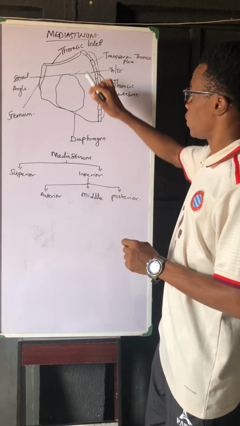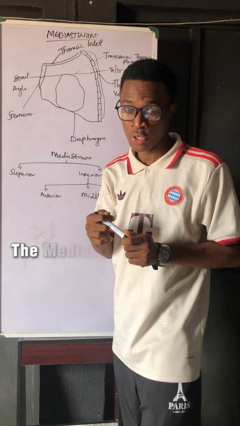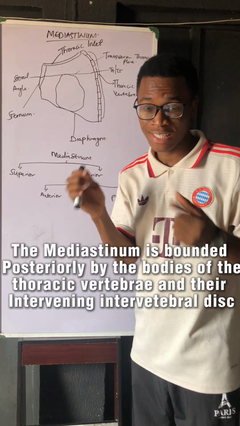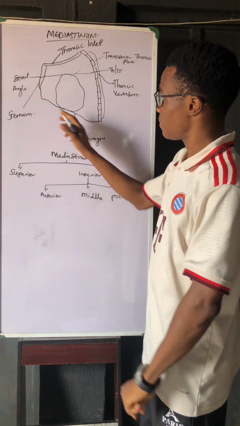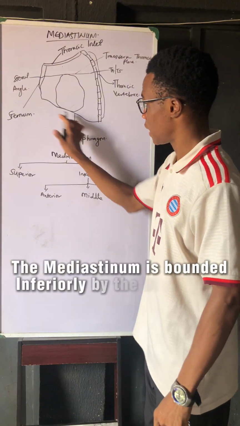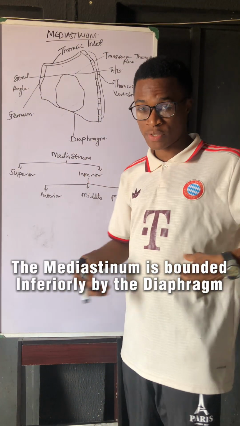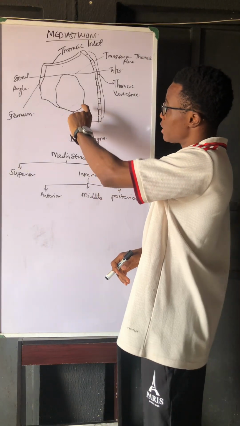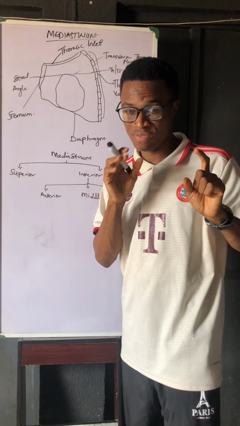Then it is bounded on its back, otherwise referred to as posterior, by the bodies of the thoracic vertebrae and their intervening intervertebral disc. Then it is bounded inferiorly, that is down, by this diaphragm, which is the principal muscle for respiration.